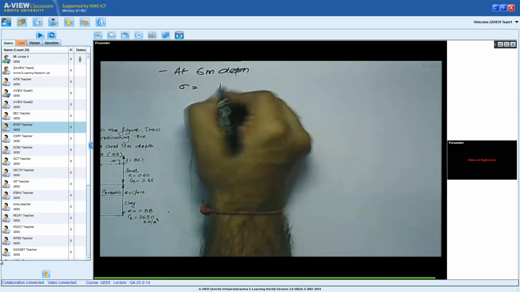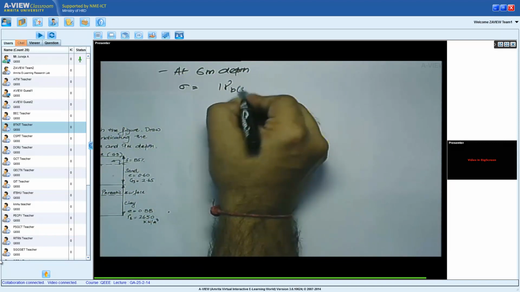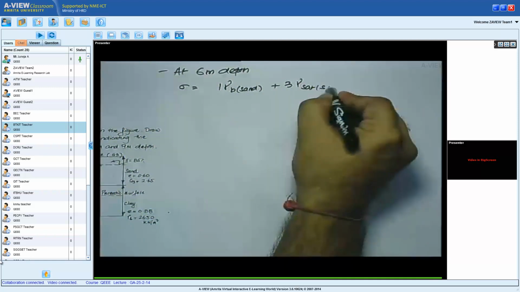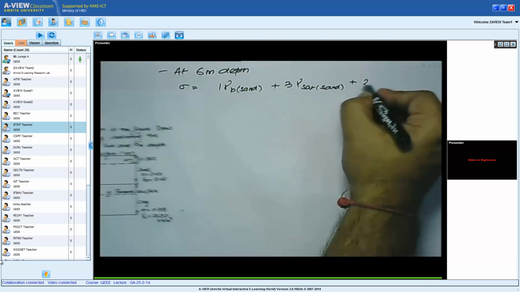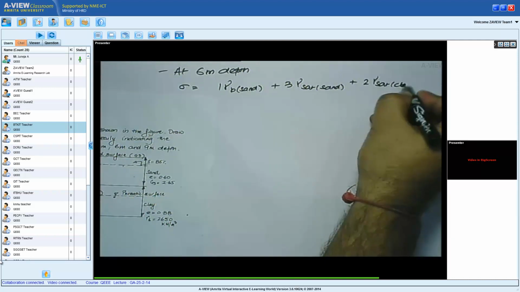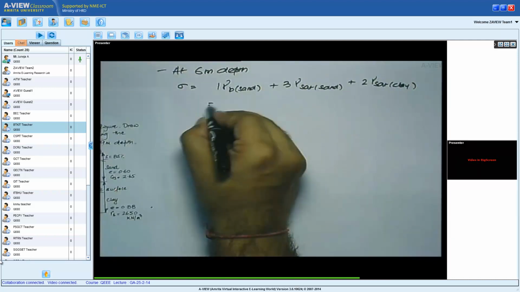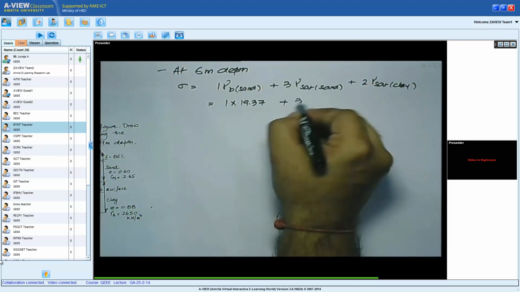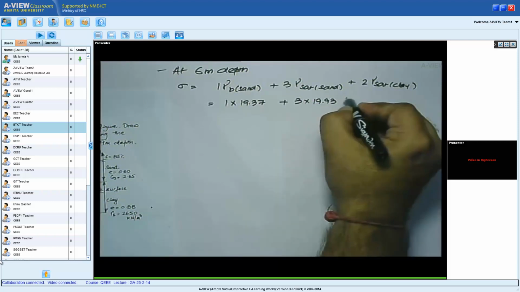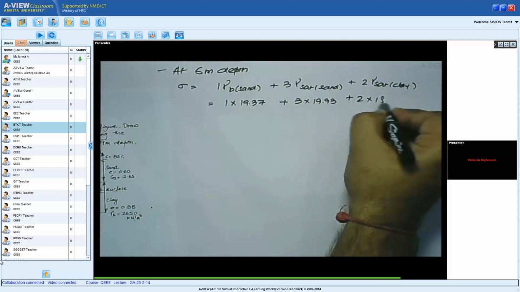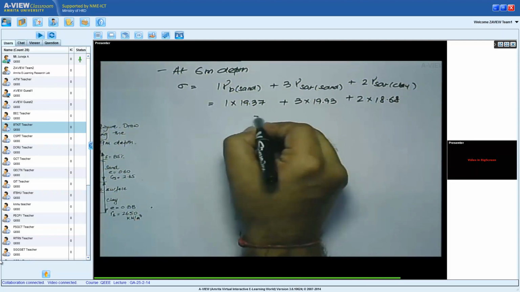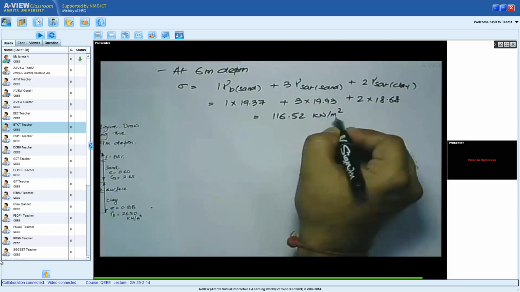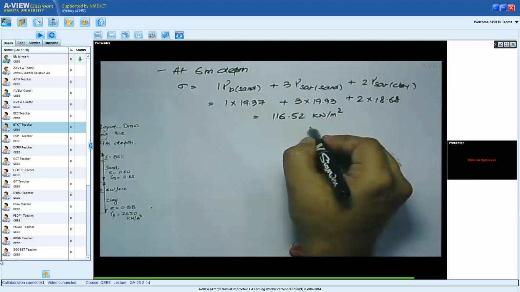So I have 1 gamma bulk of sand plus 3 gamma saturated of sand plus 2 gamma saturated of clay. If I plug in my numbers, I get 1 times 19.37 plus 3 times 19.93 plus 2 times 18.68, which should give me 116.52 kilonewton per meter square or kilopascal.